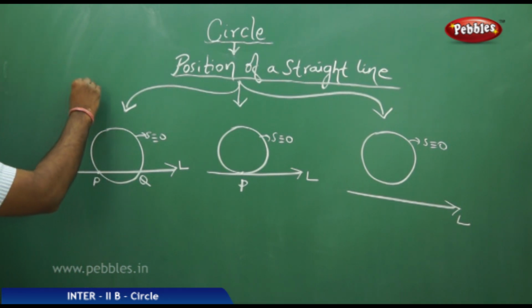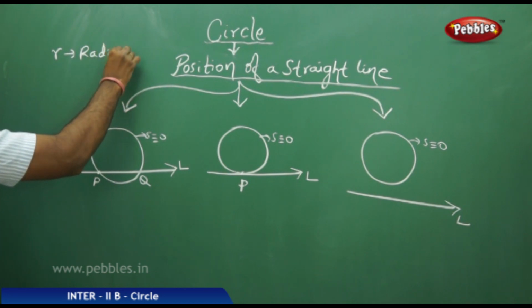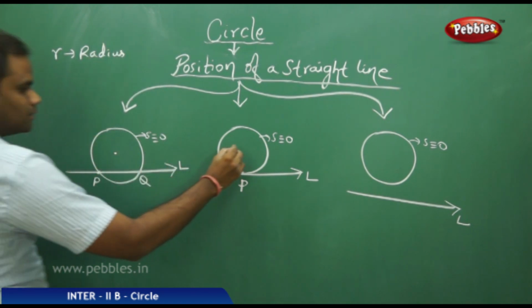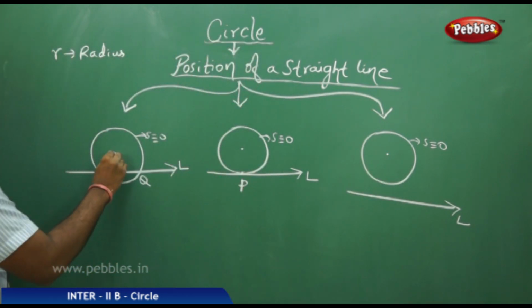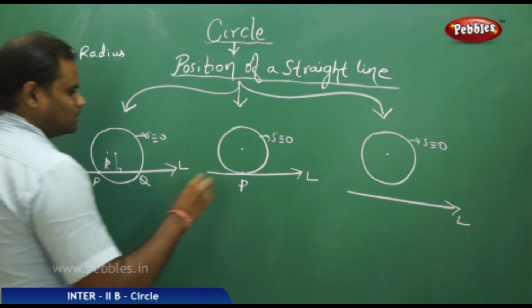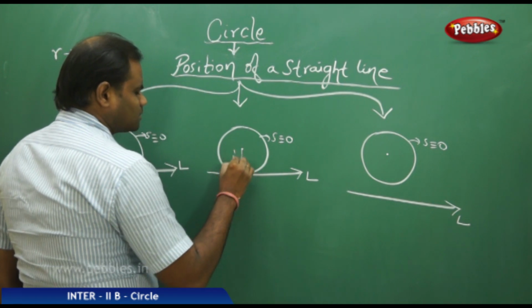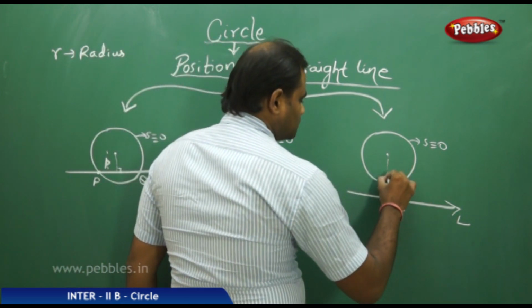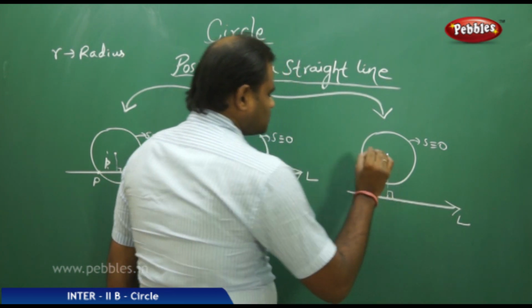So if I take the radius of the circle as r, and if I take the center of the circle here, then each circle has the same radius r. Let me say the perpendicular distance from the center to the line is small p.